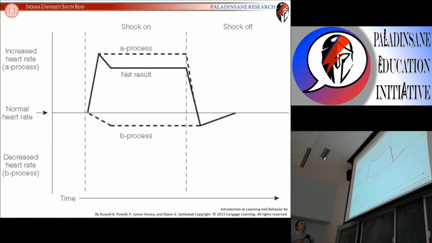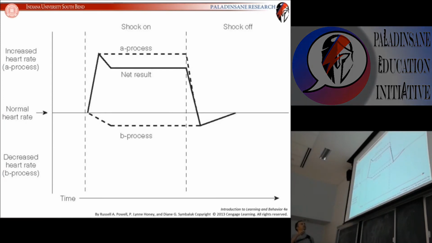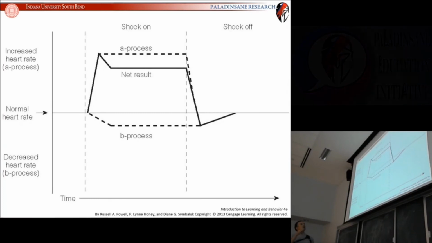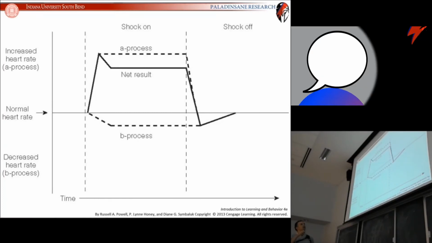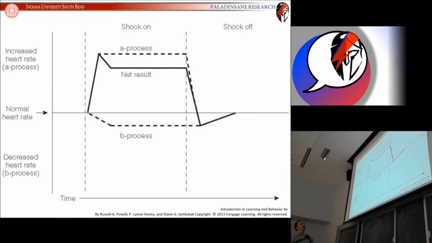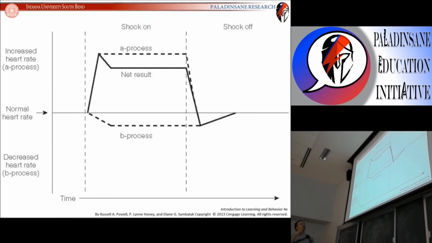And this net result is the sum of your A process and your B process. The A process is pulling you up, the B process is pulling you down. So you can see that we get the initial A process pulling us up, and then as the B process pulls it down, we go down. And then when the B process and the A process level off, we get this net result.